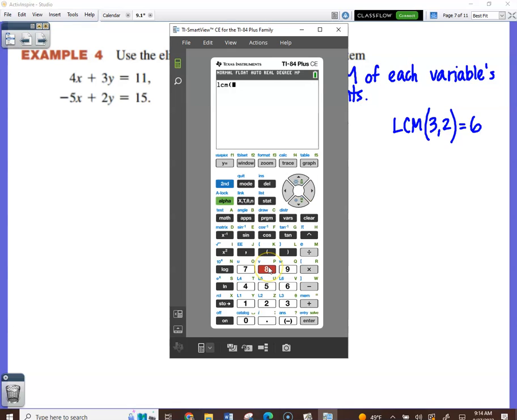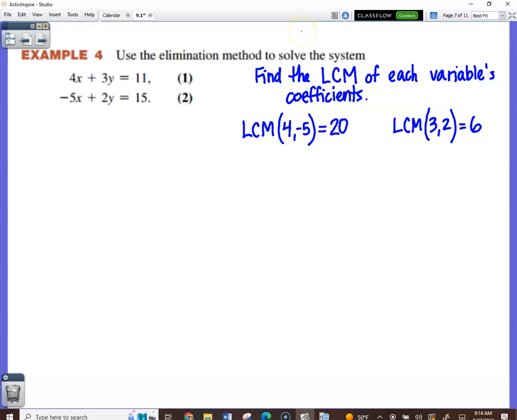Number 8, LCM. You can type 2, there's a comma, it's right here, comma 3, and it'll produce it for you. So if it's numbers you're not familiar with, or you're nervous, you maybe don't have the least common multiple right, check it in your calculator. So you might want to make a note. In the calculator, it's math, arrow over to number, and it's number 8, LCM.